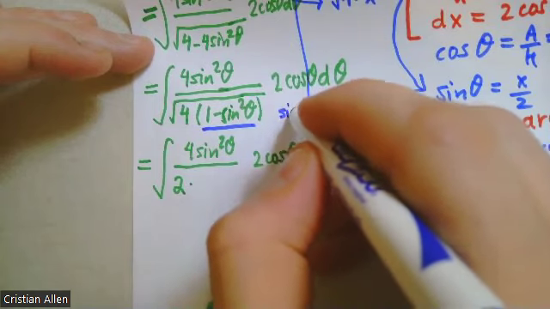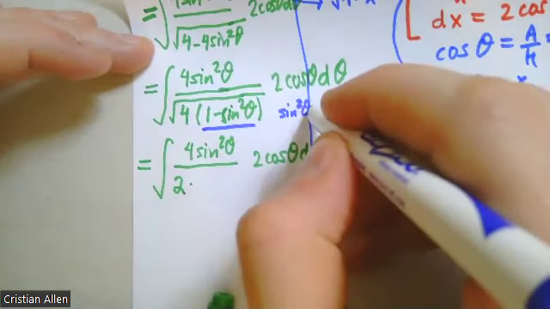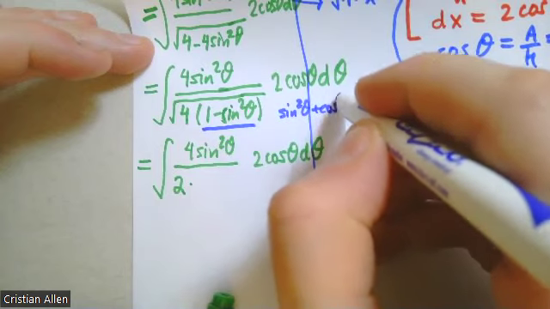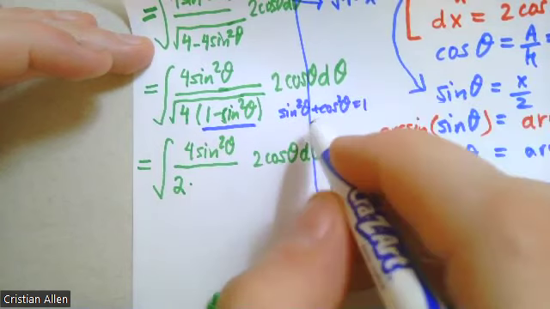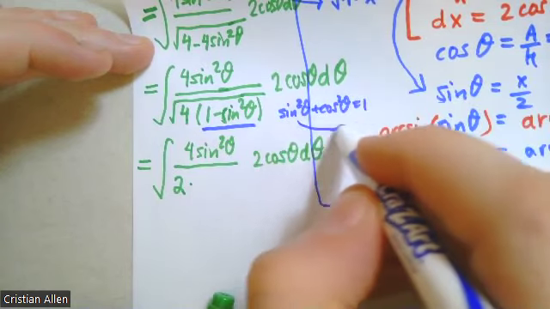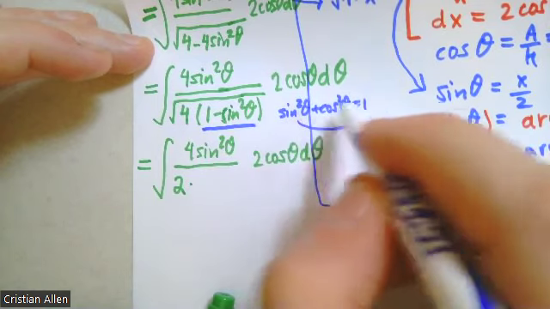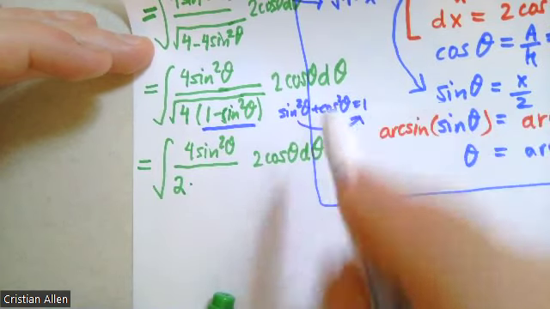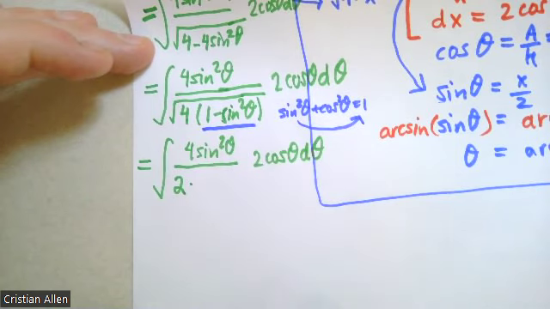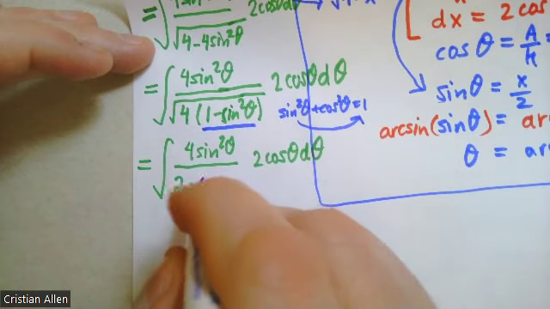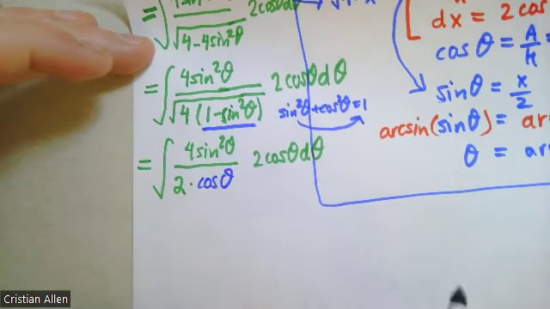It's here, I'll just give it to you here. Sine squared plus cosine squared equals 1. If you subtract the sine squared, you can see that you'll get 1 minus sine squared theta, and this equals cosine squared theta. So the square root of that is going to be cosine theta.